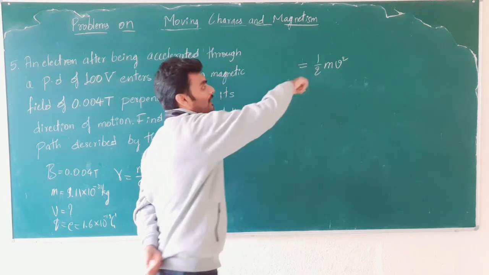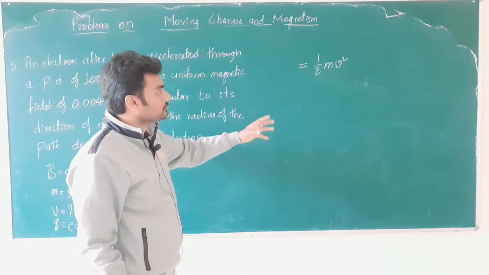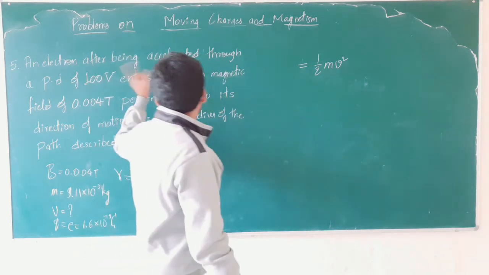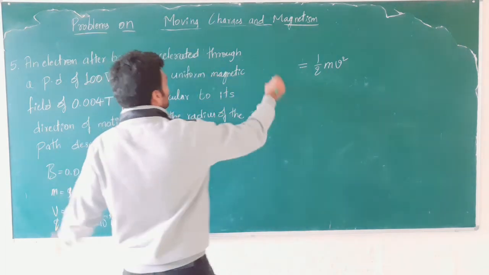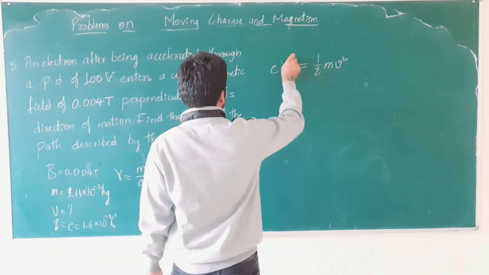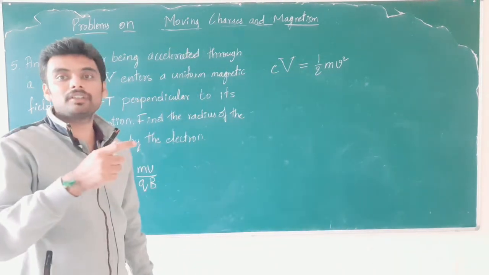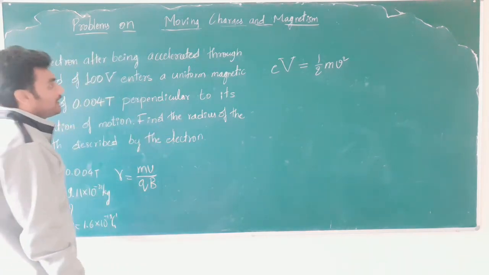From what energy is this kinetic energy coming? The loss of potential energy itself is converted into this kinetic energy. Loss of that potential energy is eV, where e is the charge of the electron, V is the potential difference through which it is accelerated.